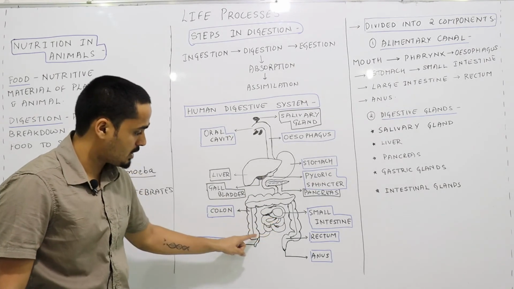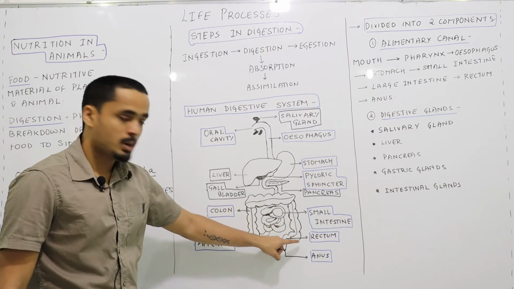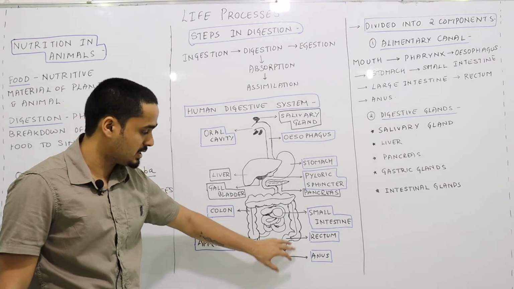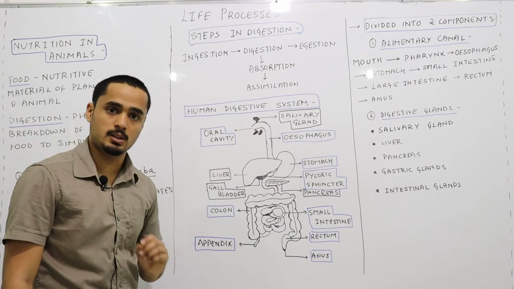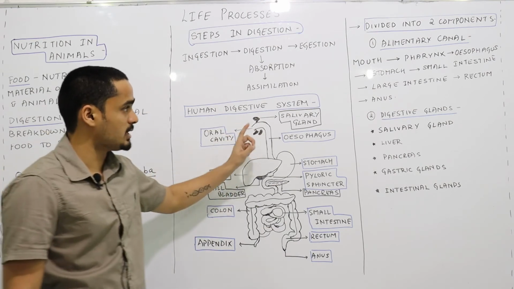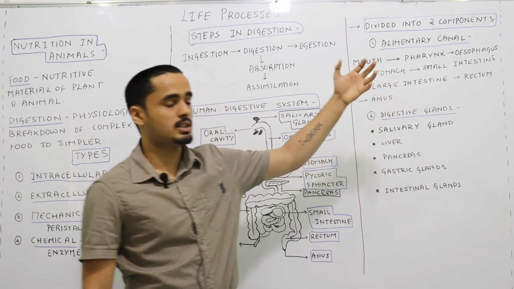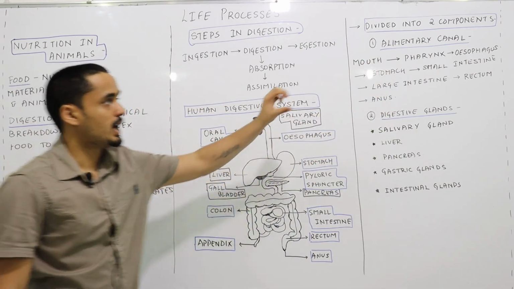Then the small intestine moves into the large intestine, then reaches the rectum, where the undigested food is stored temporarily, and then there is the anus, from where the undigested food is expelled.